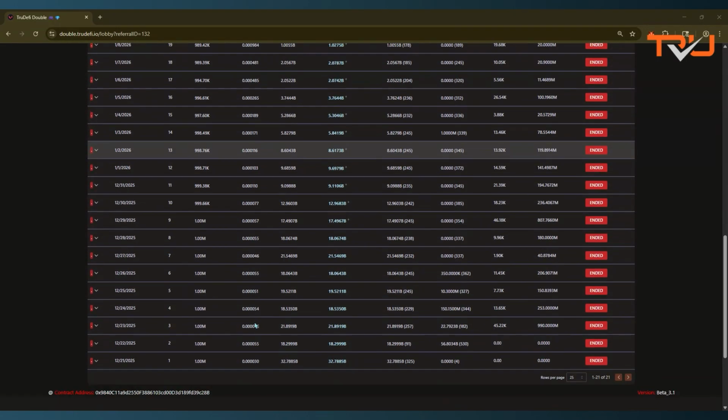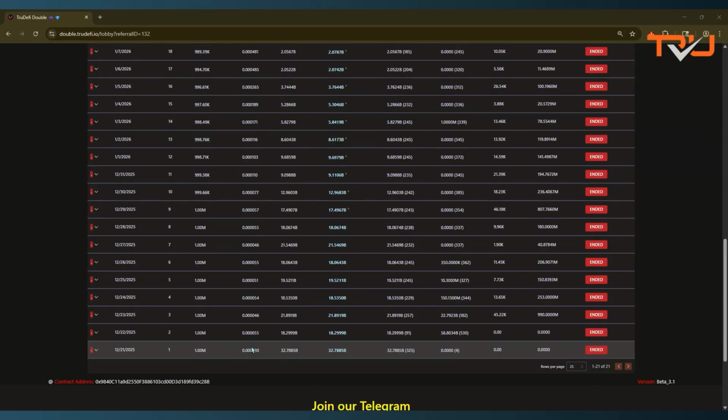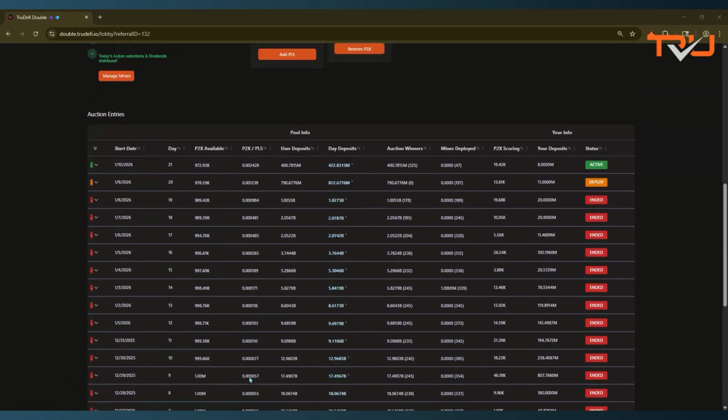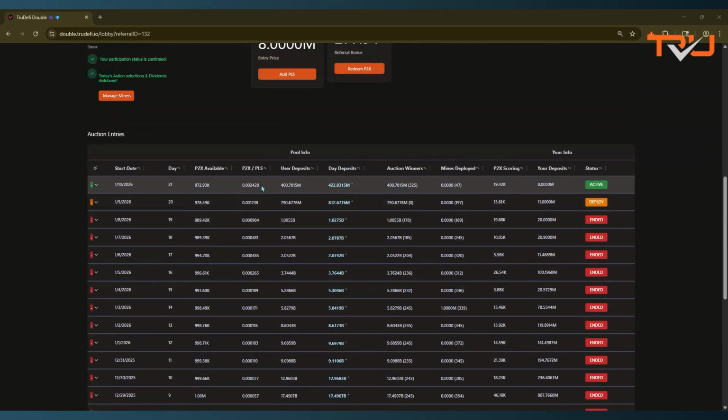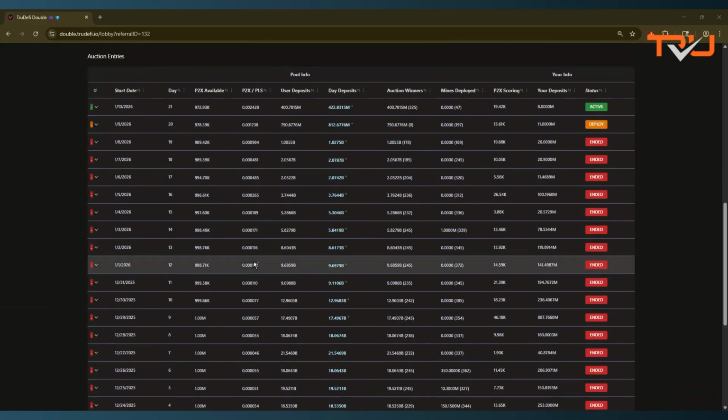So it's going to take them mathematically longer to achieve their 2x if they stay in day one with their deposits. But if they were to come to day 21 and make a deposit, that deposit would actually 2x at a faster rate than their day one deposits. That's how the system works in Tru2X.